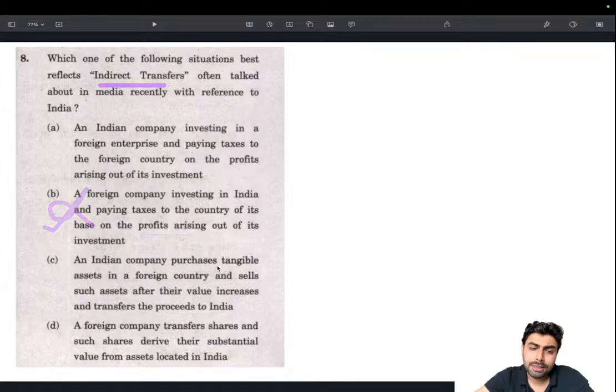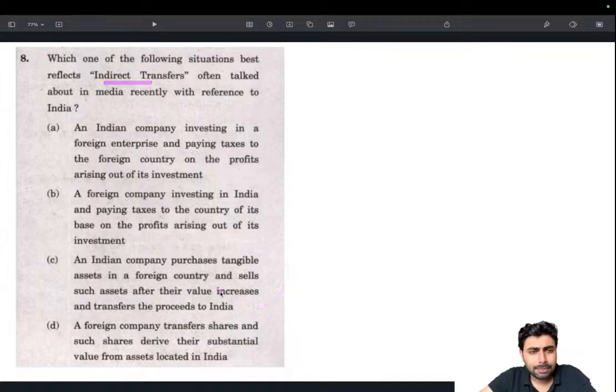An Indian company purchases tangible assets in a foreign country and sells such assets after their value increases and transfers the proceeds to India. Okay. This kind of makes sense, but it wouldn't be called an indirect transfer per se.